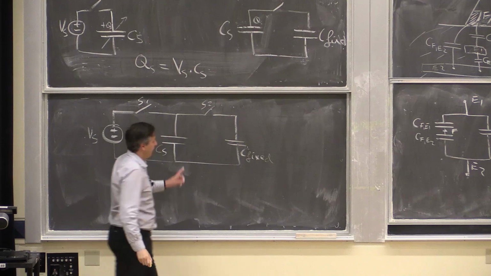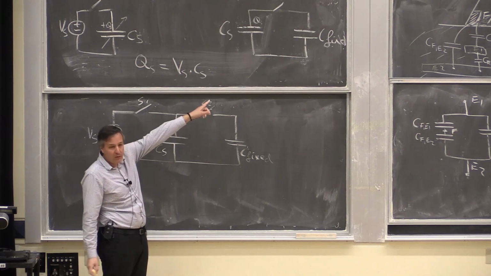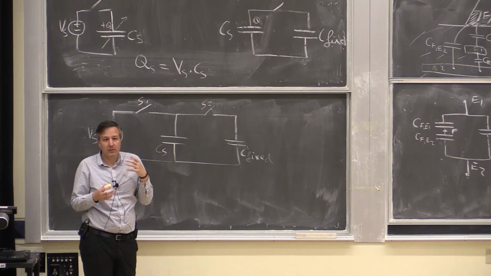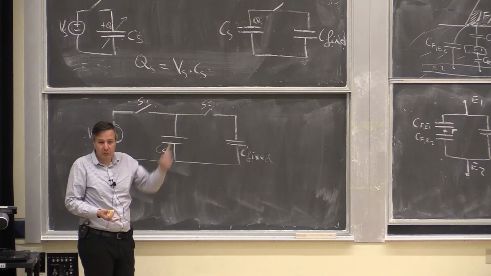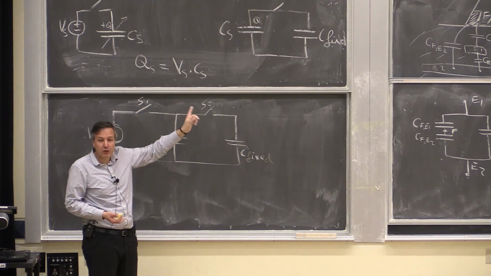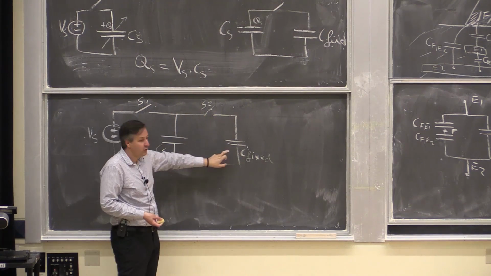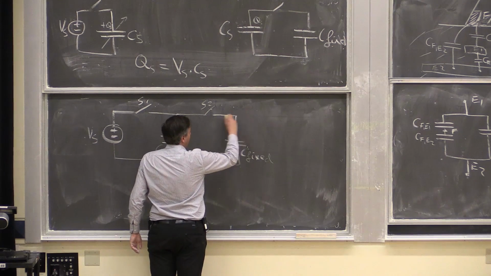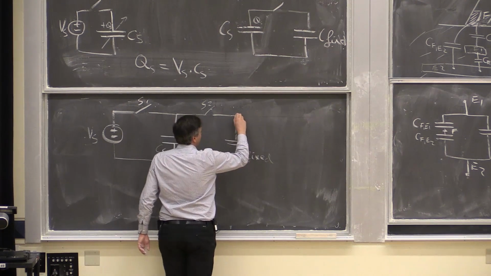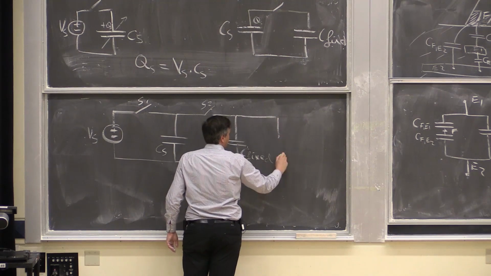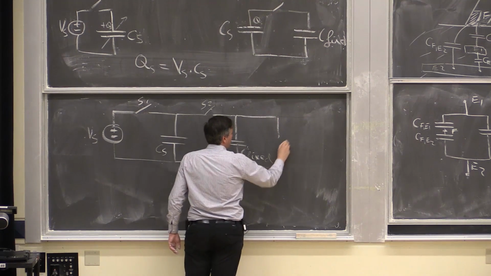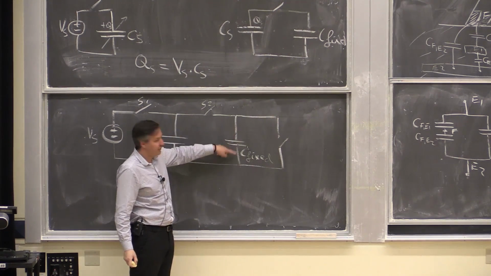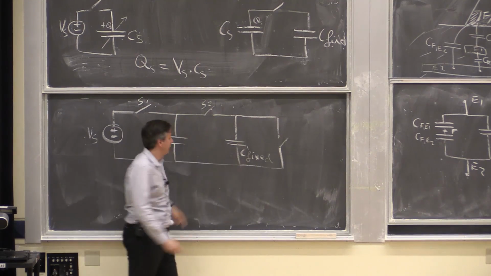S2. And I told you that C fixed was discharged, right? It was empty when we did that step. To make sure that that happens, I need to add one more switch here. Let's put it on this side. That switch will be here, shorting the plates of this capacitor, right? So S3.